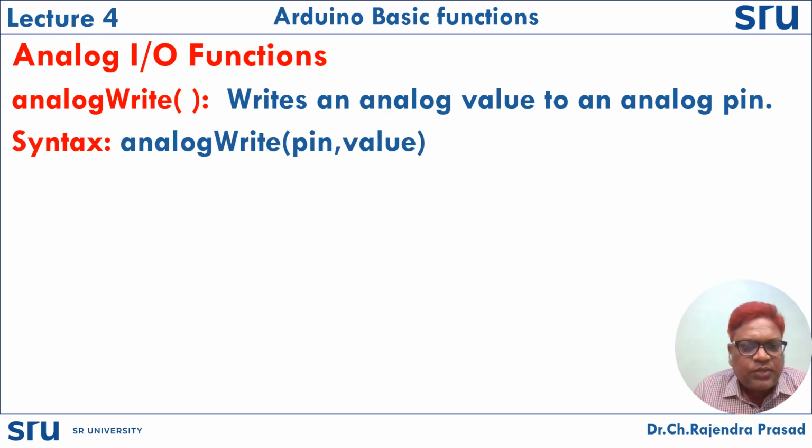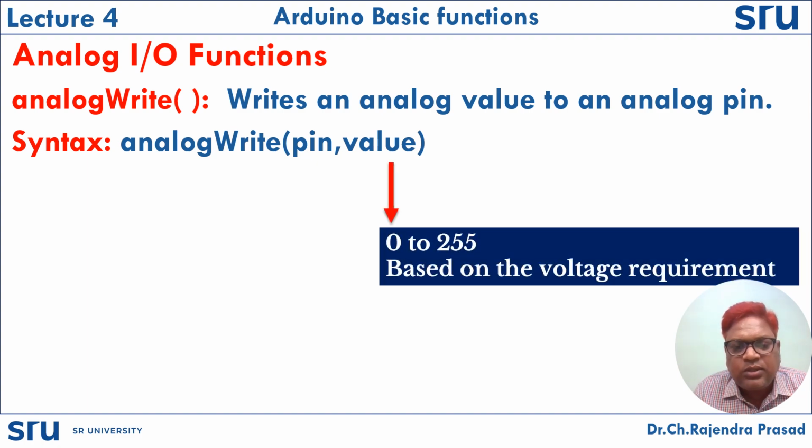The syntax is analogWrite(pin, value), where the value represents 0 to 255. Why? Because the analog outputs are of 8-bit resolution. 8-bit means 2 power 8, which is 256 possibilities, considered from 0 to 255. And the pin is any analog output pin.